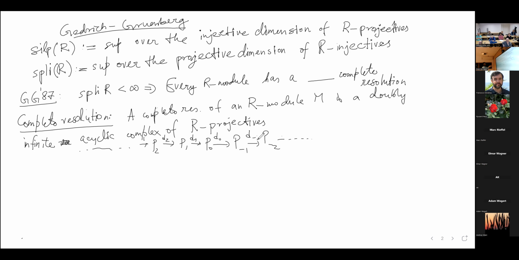A doubly infinite acyclic complex of R projectives, such that there exists a projective resolution of M that agrees with this one in high enough degrees.